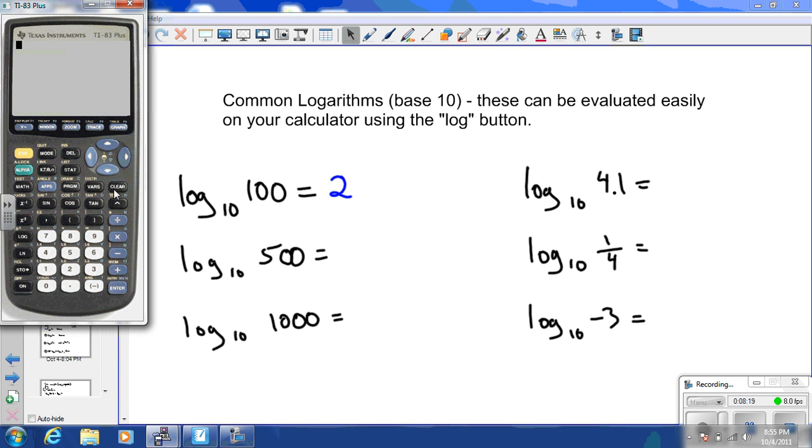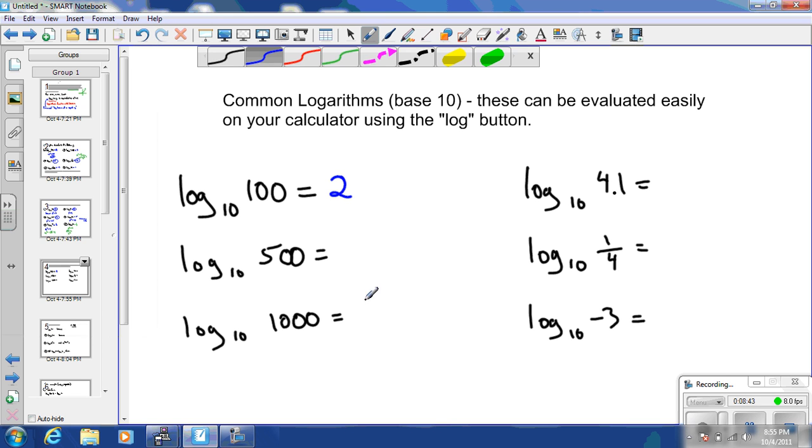Let's clear this, try it again. I did something wrong. Log of 100 is 2. Let me go down here to log of 1,000. 10 to what power equals 1,000? That should equal 3. So I chose a number here. Put the answer here.